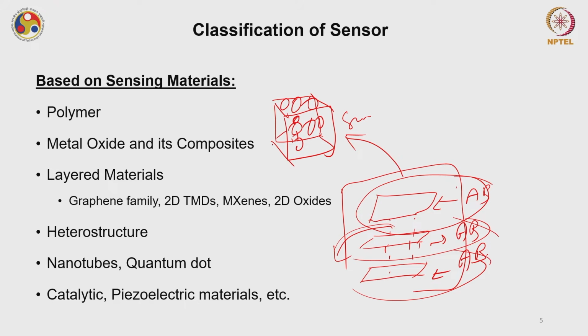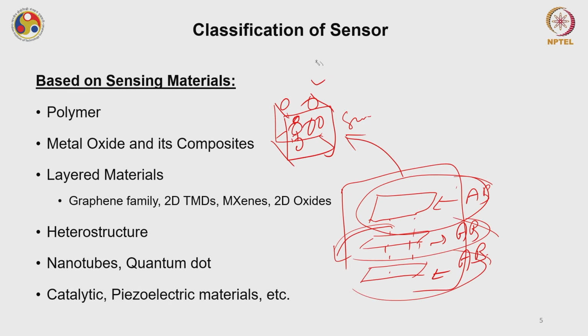But the surface atoms see all the external ambient. So the behavior of the surface atoms is different as compared to the bulk atoms. In this course, microsensors and nanosensors, we will be mostly exploiting the surface property of these materials.